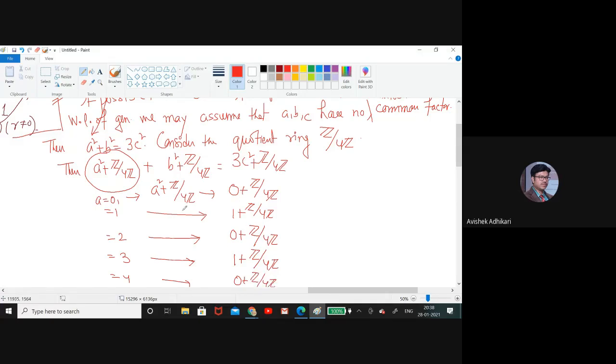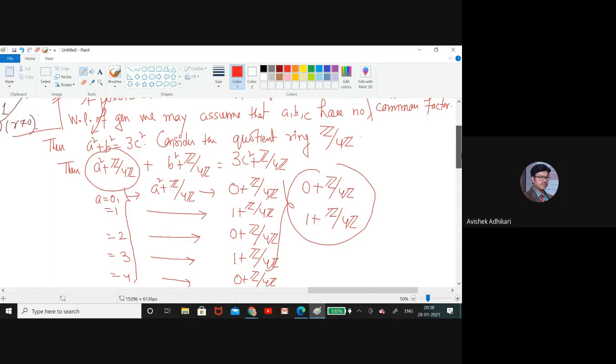So what we observe is that whatever integer it may be, its square is either 0 plus 4Z or 1 plus 4Z. Other than these two values, the square will not take any value. Similarly for B square. In case of 3C square, the value could be either 0 plus 4Z or 3 plus 4Z.